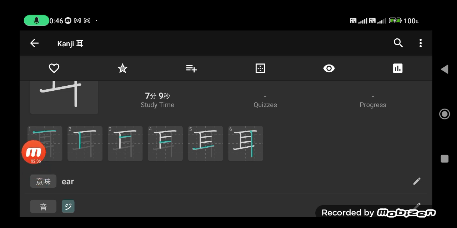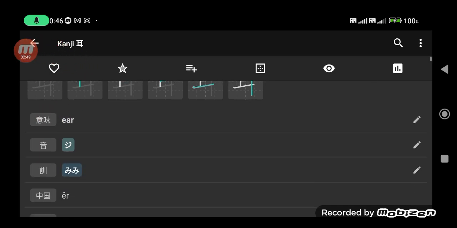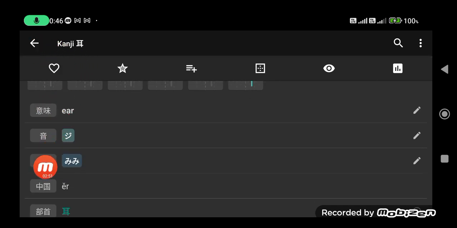Just the dotted part is the origin of your pen or brush, and you can see this is read from left to right. So our subject kanji is ear. Imi, or meaning, is ear. Onyomi, very easy. Onyomi, just one: Ji. Kunyomi, very easy too: Mimi.